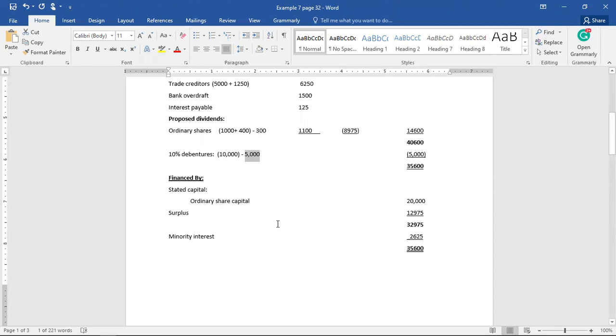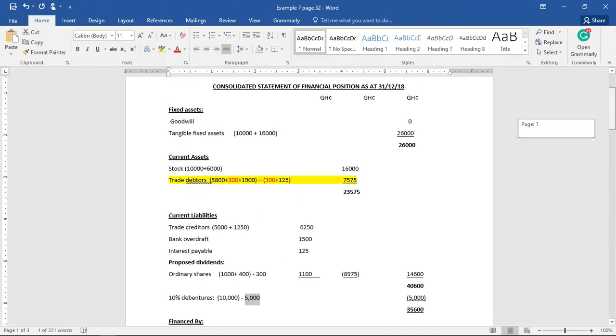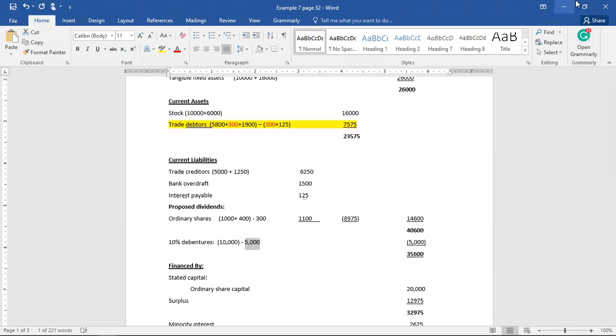Then we also looked at a couple of examples, a couple of items. Yes, I think I also asked you to go and solve example 8 by yourself.